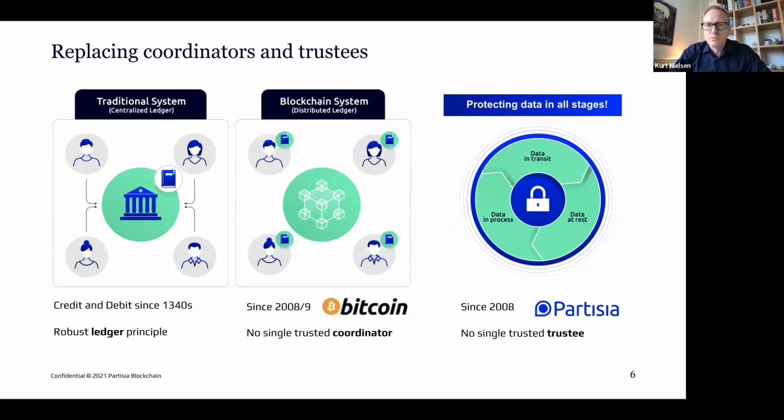we bring to blockchain. So this is an illustration of how we contribute with privacy to blockchain. Blockchain itself replaced the need for a trusted coordinator in the economy. So you have an immutable ledger, and that's great for representing transactions.